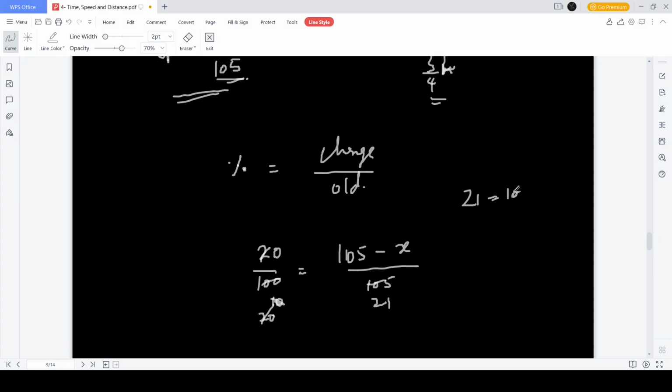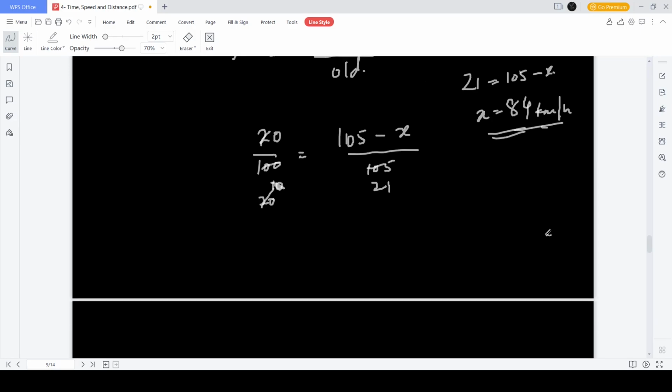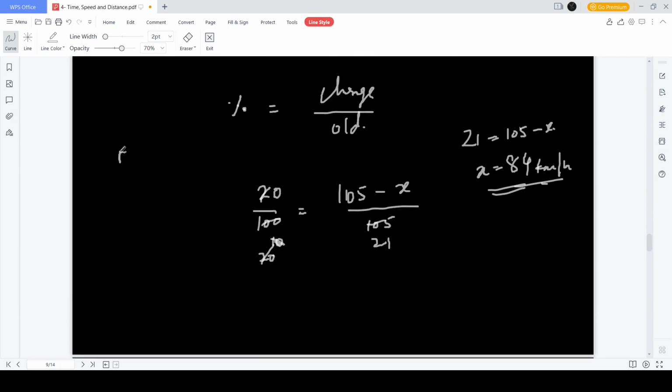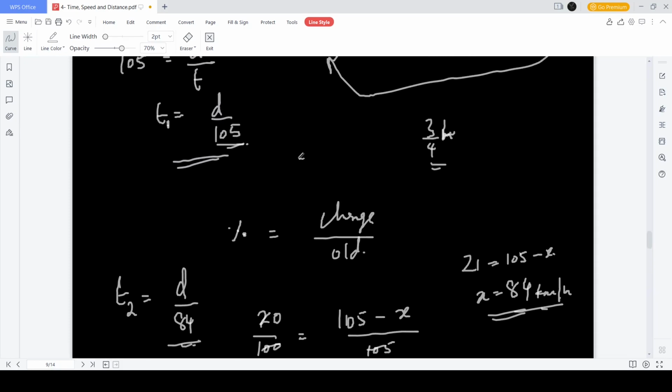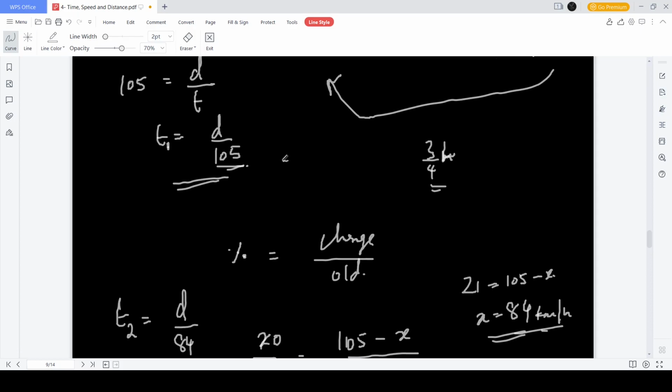So 21 equals 105 minus x. So x equals 84 kilometer per hour. So the speed on the way back is 84 kilometer per hour. So the time he takes is nothing but d by speed, so d by 84.